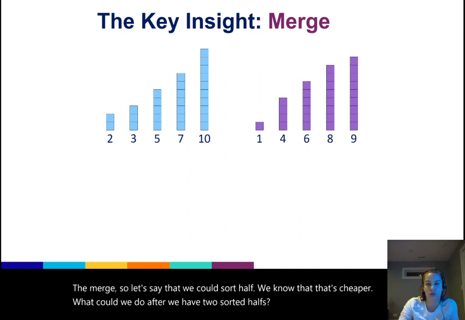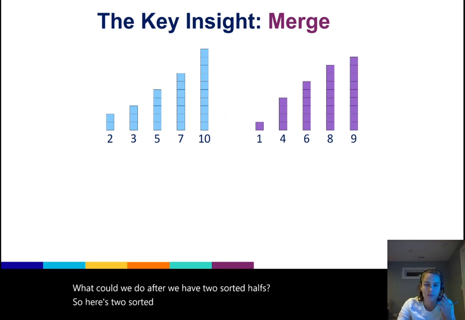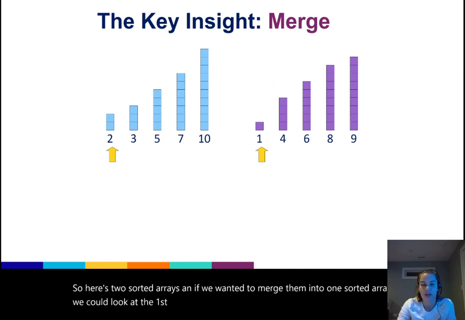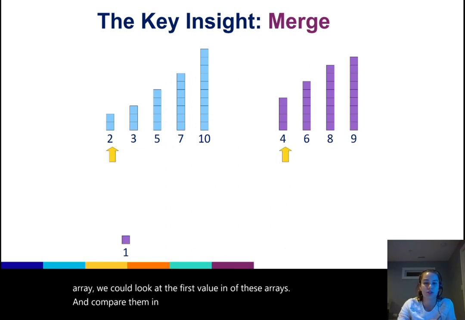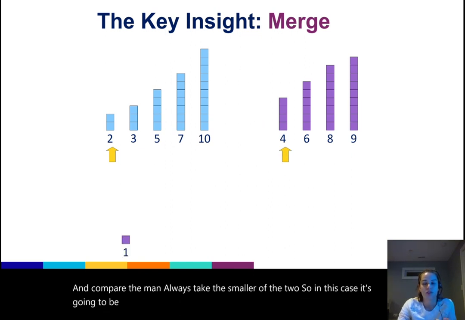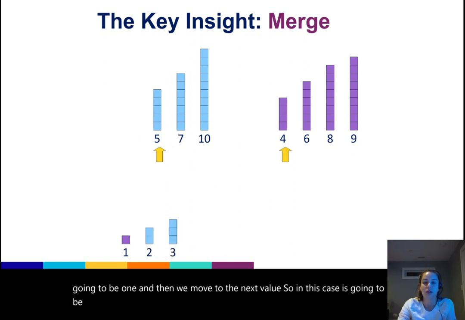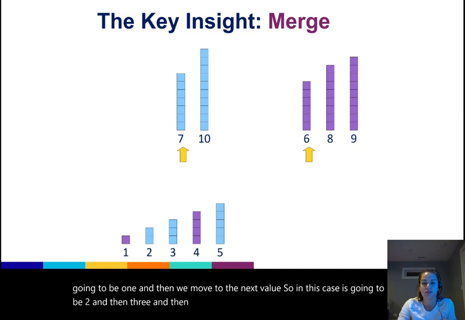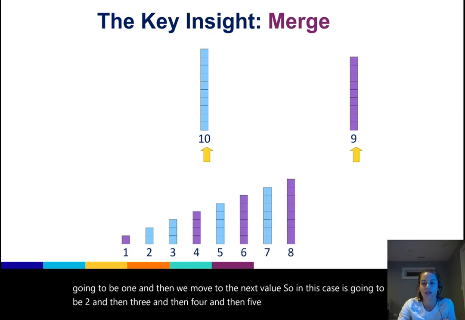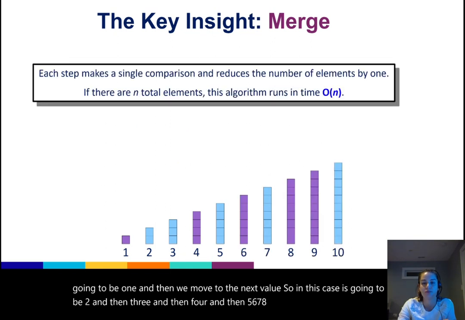Okay, so here's 2 sorted arrays, and if we wanted to merge them into 1 sorted array, we could look at the first value in each of these arrays and compare them, and always take the smaller of the 2. So in this case it's going to be 1, and then we move to the next value. So in this case it's going to be 2, and then 3, and then 4, and then 5, 6, 7, 8, 9, and 10. So how expensive was that?